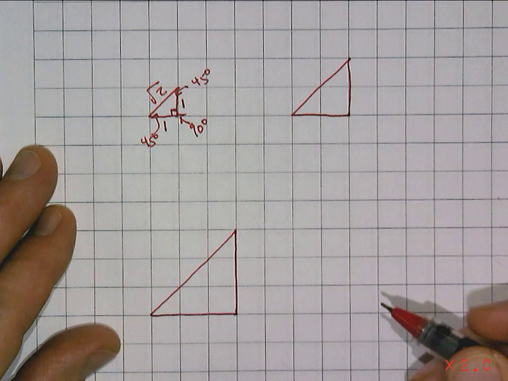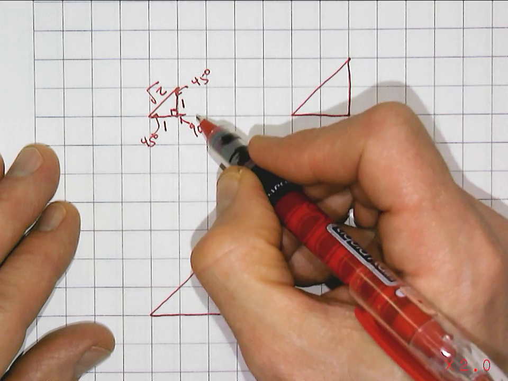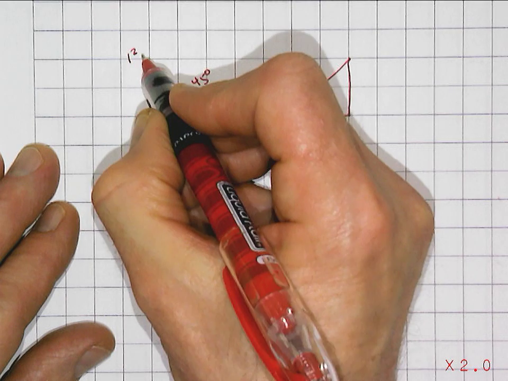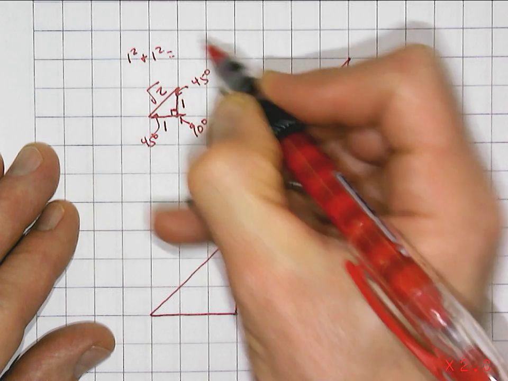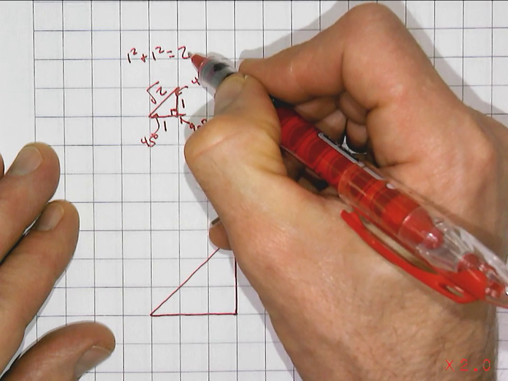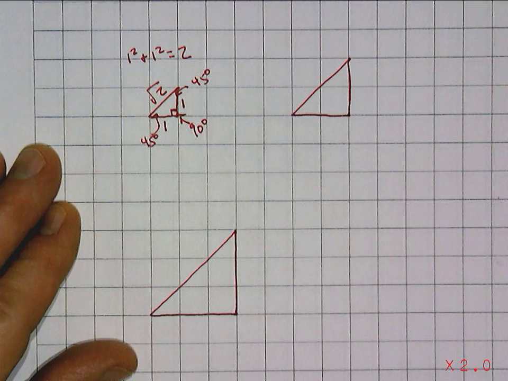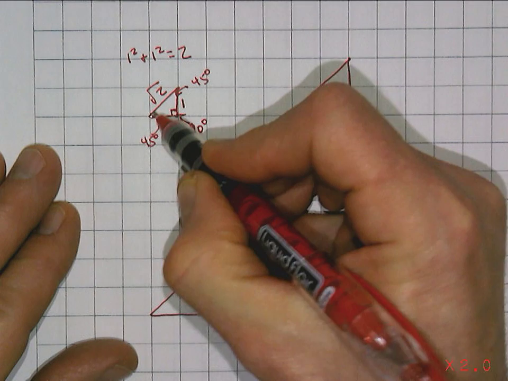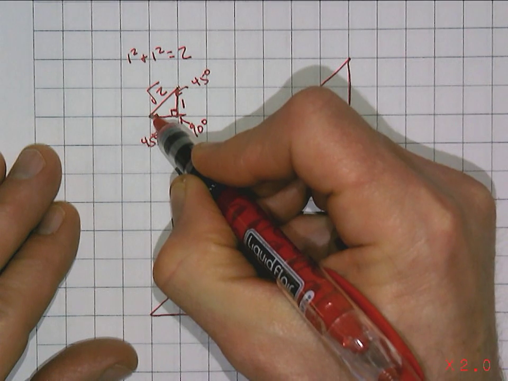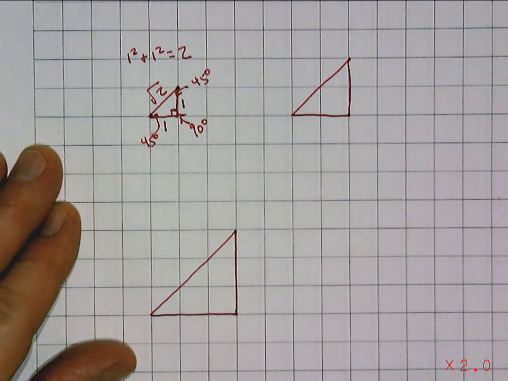Using the Pythagorean theorem, you can find that hypotenuse side length. Again, 1 squared plus 1 squared equals 2, a squared plus b squared equals c squared, and so we have to take the square root of it to get this side length. So that distance from one corner to the other corner, diagonal across that single square, is the square root of 2.